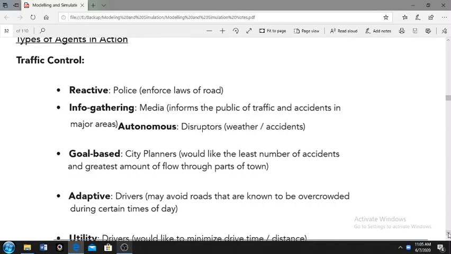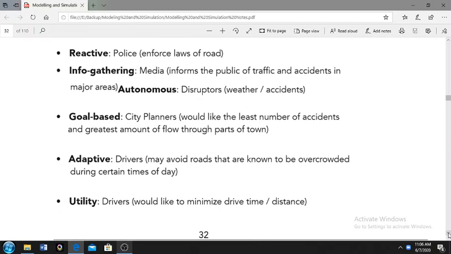Autonomous means disruptors. Disruptors like the weather, the accident. So they are autonomous agents. Goal-based like city planners. They would like the least number of accidents and greatest amount of flow through parts. So that's their goal. That is why they are goal-based.